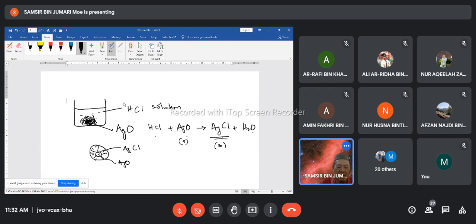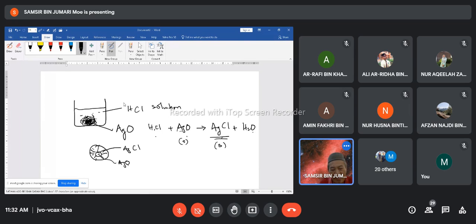Silver oxide and hydrochloric acid can react to form silver chloride, and the silver chloride formed will cover the surface of the silver oxide. So the formation of the silver chloride here will cover the surface.